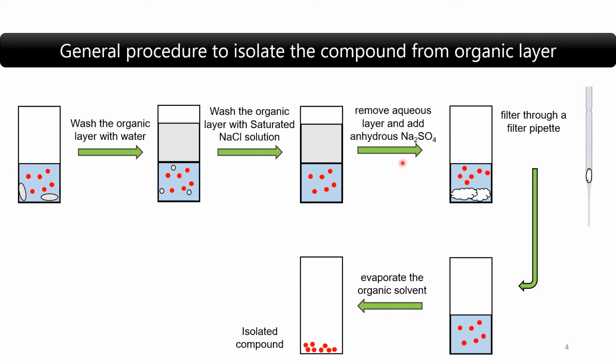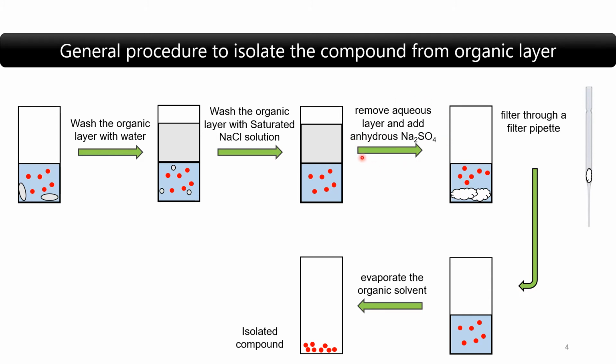And as a further step, a drying step, we can add anhydrous sodium sulfate. Sodium sulfate is also a salt, and this word anhydrous means that it's very dry, it's devoid of any moisture, so it's able to absorb moisture really well.